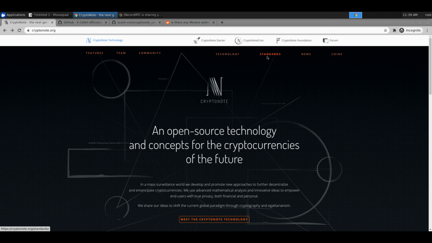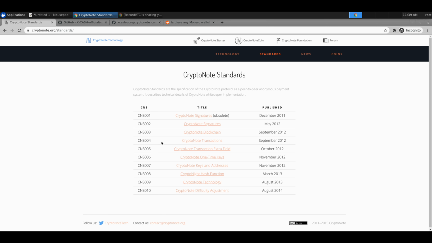For programming, it's easier for me to use these standards. These are just little text files that go over, in a mechanical code type sense, the standards, signatures, blockchains, transactions, transaction extra field, and all that.